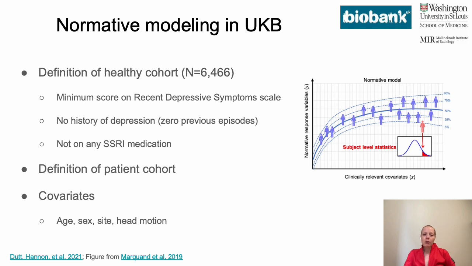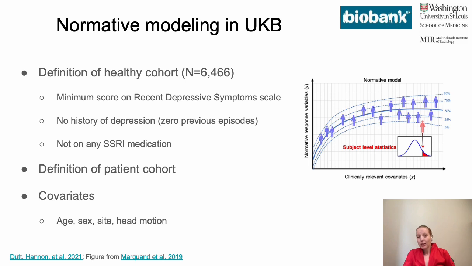We also looked at a variable for number of episodes of depression and made sure that our healthy cohort had 0 previous episodes. And we also looked at the measures of medication, made sure that our healthy cohort was not on any SSRI or commonly used medication for depression.